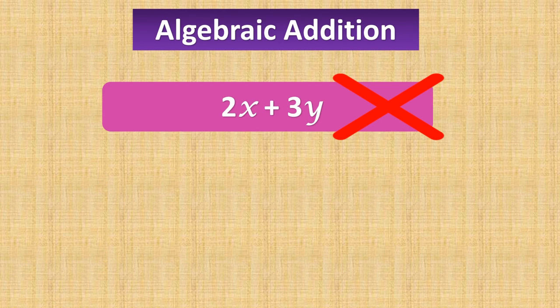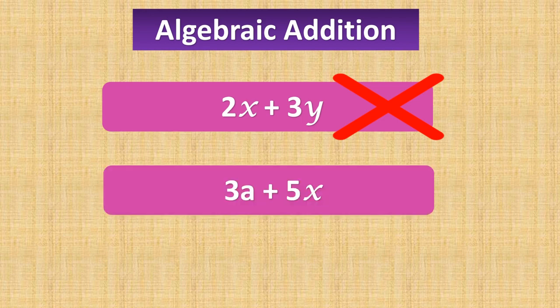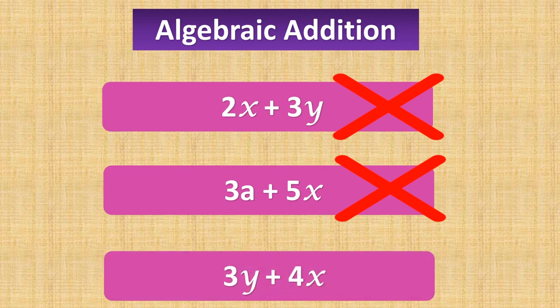This is why these two terms cannot be combined. What about this example? 3a plus 5x. We have two terms with two different variables. Can these two terms be added? No, because we have two different variables. In the first term, the variable is a, and in the second term, the variable is x. What about this 3y plus 4x?